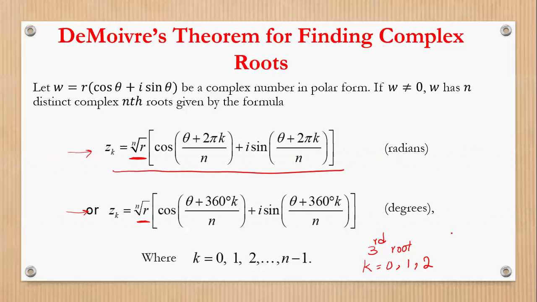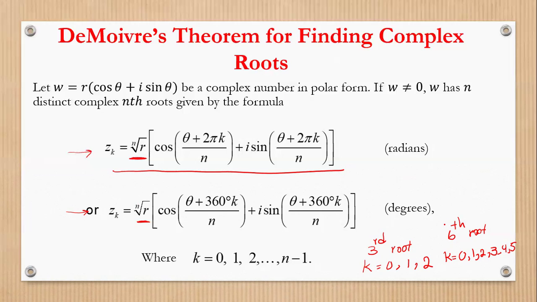If they ask you to find the sixth root, that means you are supposed to replace k by 0, 1, 2, 3, 4, and 5, which is 1 less than 6. So you have to write this formula 6 times. First replace k by 0, then by 1, by 2, by 3, by 4, and by 5. So you will have 6 different sets of answers.